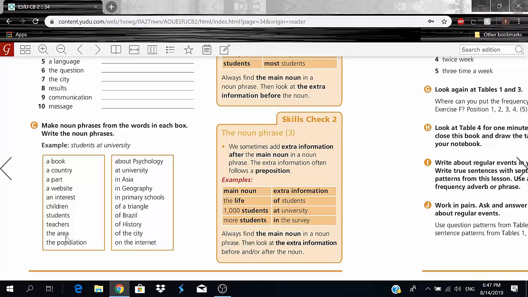The area, mathematics, the area of a triangle. I can also say the area of Brazil, but the area of a triangle looks better. So the population of Brazil, this one fits a lot better, you guys.